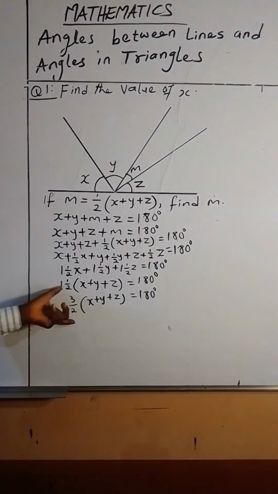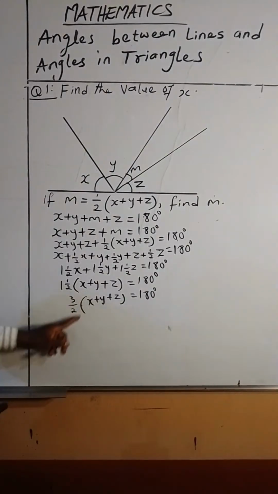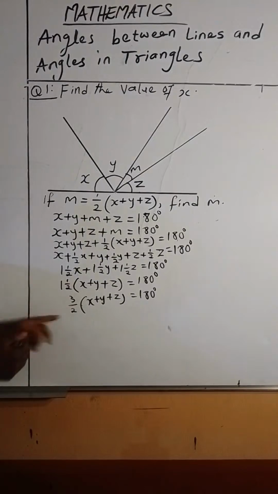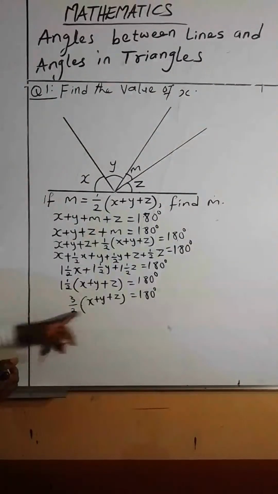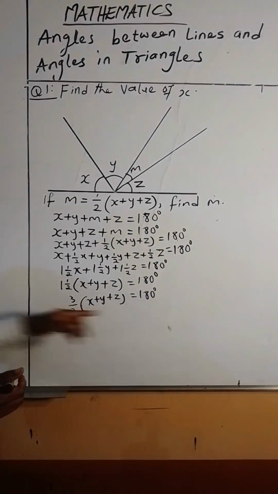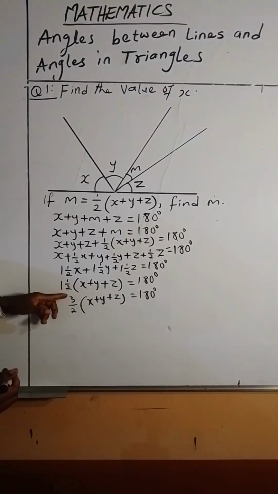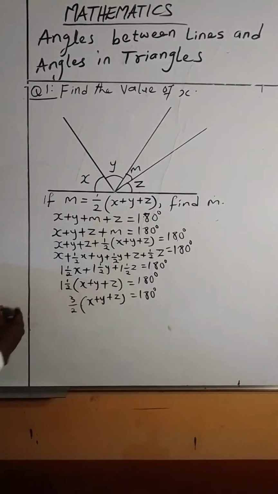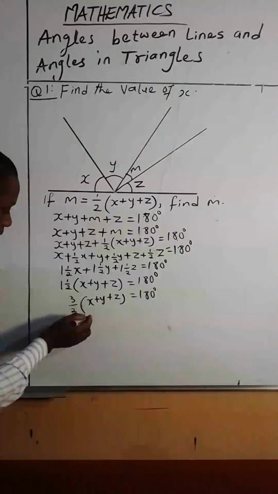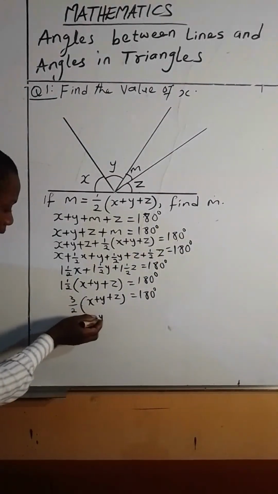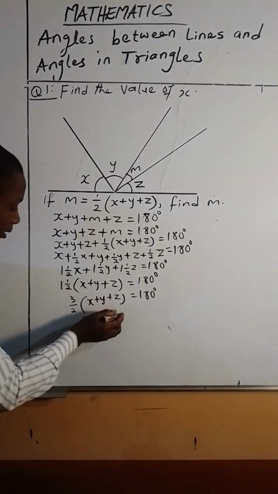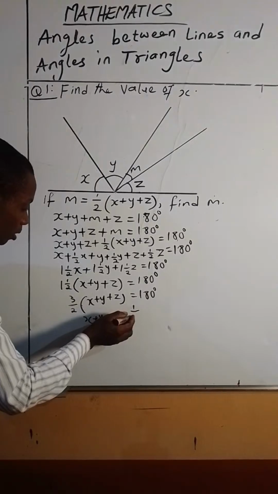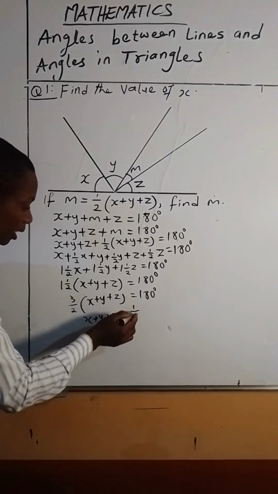Remember, this is division. So when division is crossing, change to multiplication, and when multiplication is crossing, change to division. So just bring it here and invert it. It means that we have x plus y plus z is equal to 180 degrees.